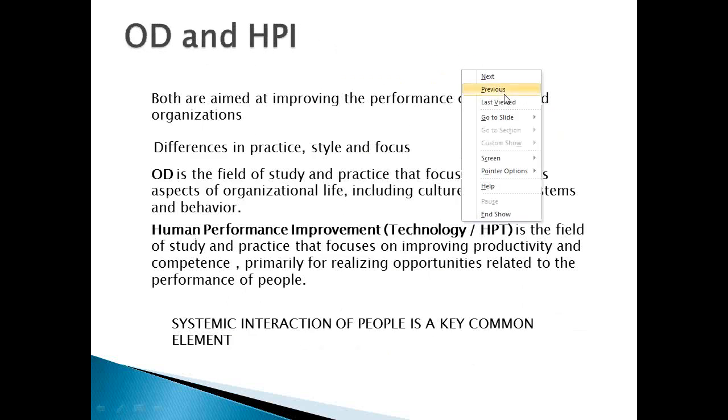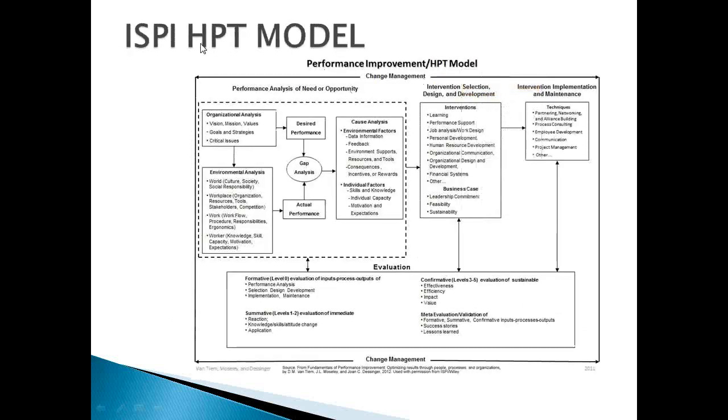Let's look at another model. The ASPIE HPT model, where again, performance analysis and the need or opportunity, and you look for the desired performance and the actual performance, and you'll get a gap, and the analysis covers the vision, mission, workplace, workflow.